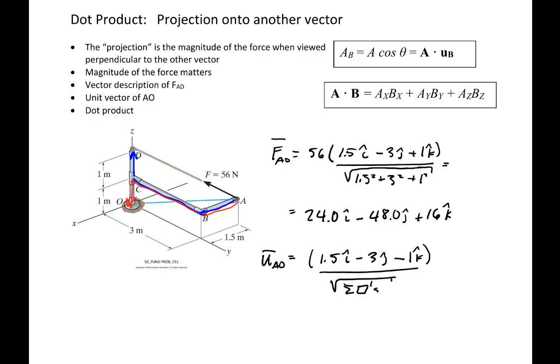Again, I'll sometimes shortcut it since we're getting pretty familiar with that. All I'm looking for is the square root of the sum of the squares of those three components. And so let's write the vector description of that.